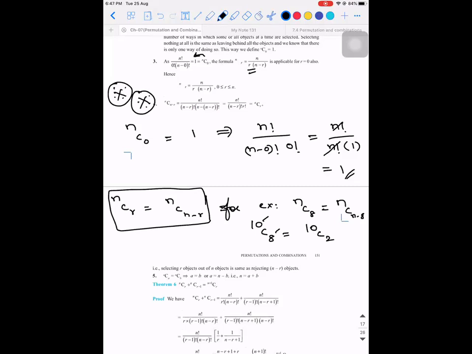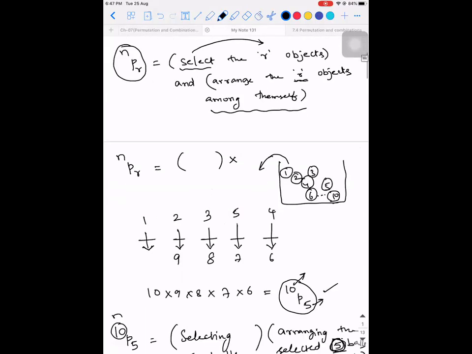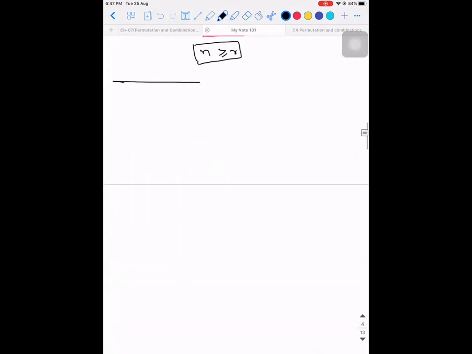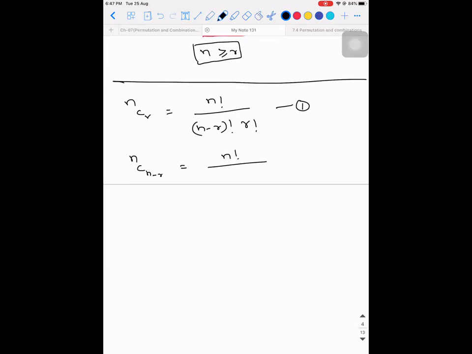It can be easily proved. Nothing so complicated. I'll prove and show you. See, NCR is equal to n factorial by n minus r factorial into r factorial. Let me call this equation number 1. What is NC(n minus r)? That is n factorial divided by n minus of (n minus r) factorial into (n minus r) factorial.